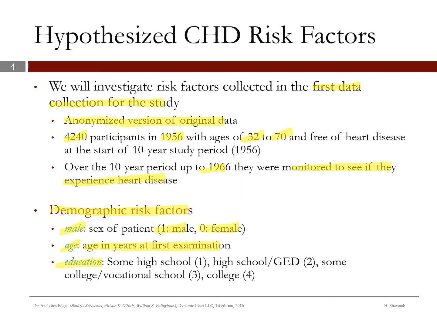And for education, a value of 1 means some high school, and a value of 2 means high school or general education development, GED. The value of 3 refers to college or vocational school education, and the value of 4 means a college degree. So these are the demographic risk factors we consider here.